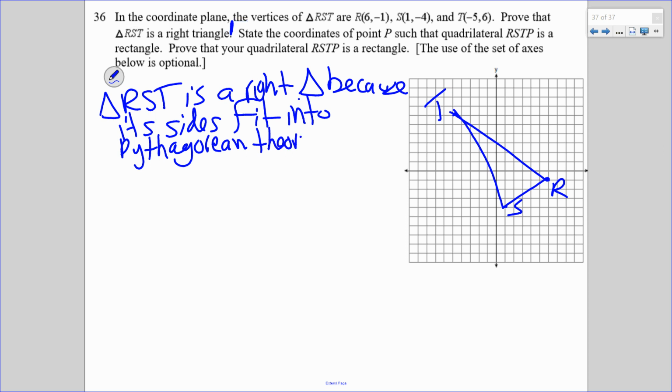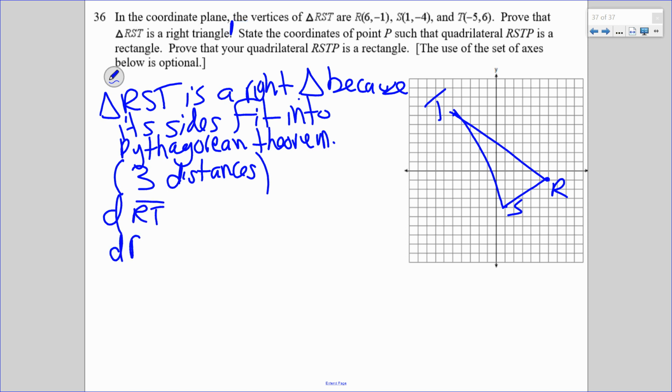You have to write the explanations. With the exception of trapezoid, everything is distance. To do this, I have to do 3 distances. So I'm going to do the distance of RT, the distance of RS, and the distance of ST. We did distance earlier.